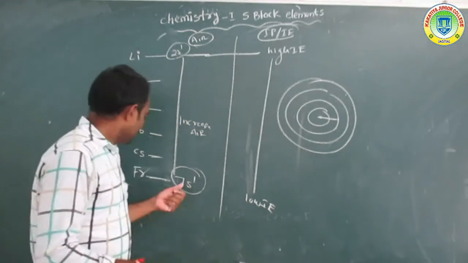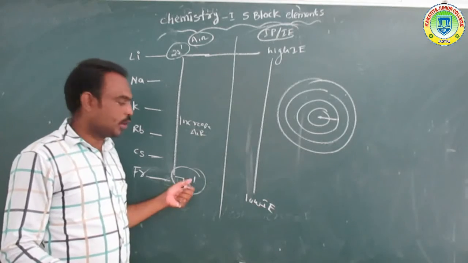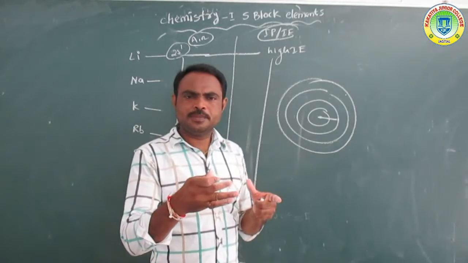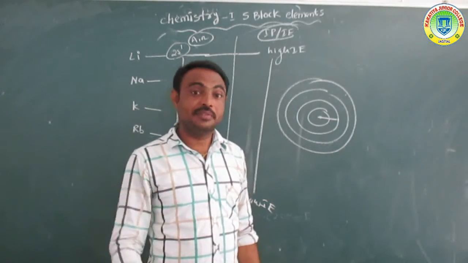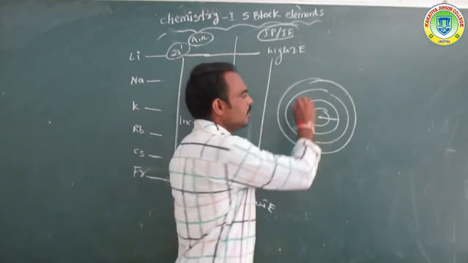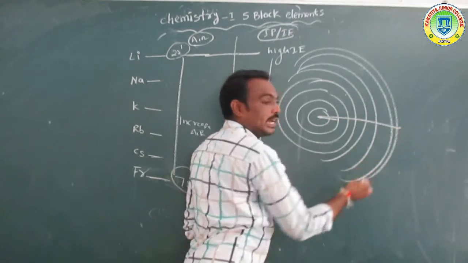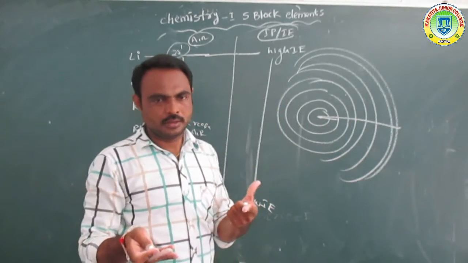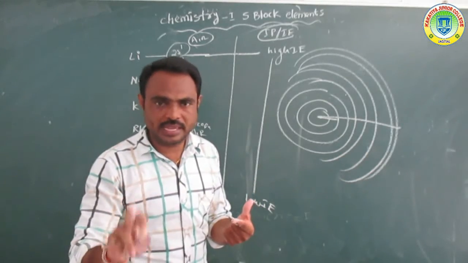Suppose we have taken francium. The outer shell orbital electron of francium is in the seventh shell. So the distance is very high between the nucleus and the outer shell. The distance is very high, the atomic radius value is very high.